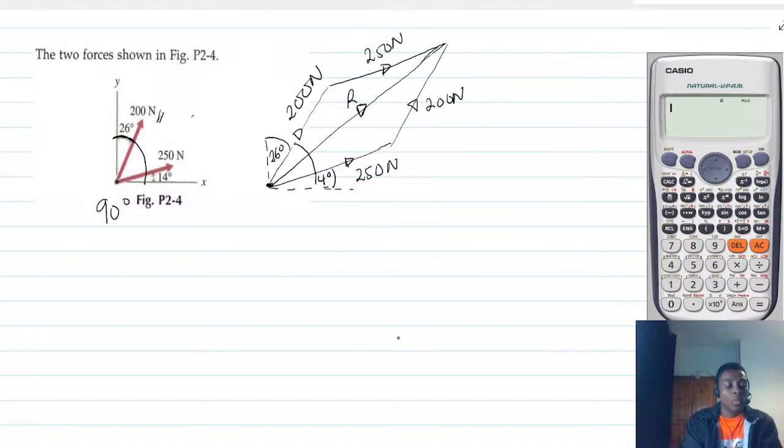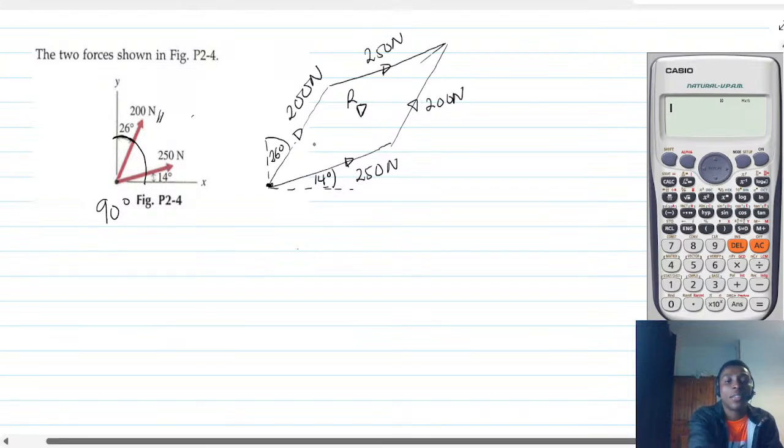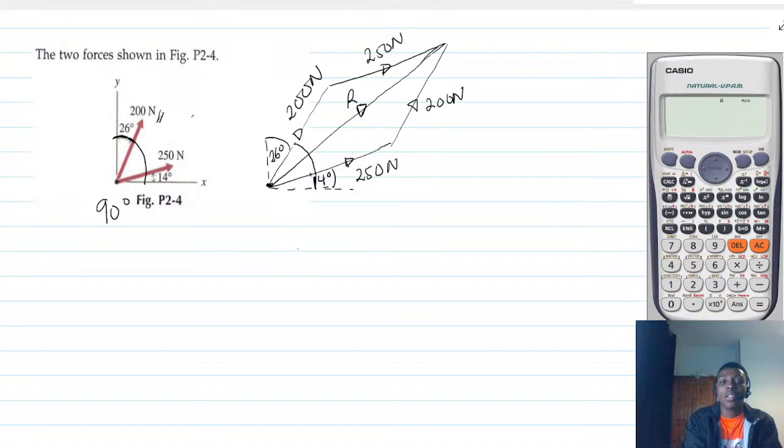All right. So then from here, I'll pick my calculator. So this is the resultant. Sorry for that. This is 14 degrees, this is 26. Let's say this angle is alpha, the angle between 200 and 250.